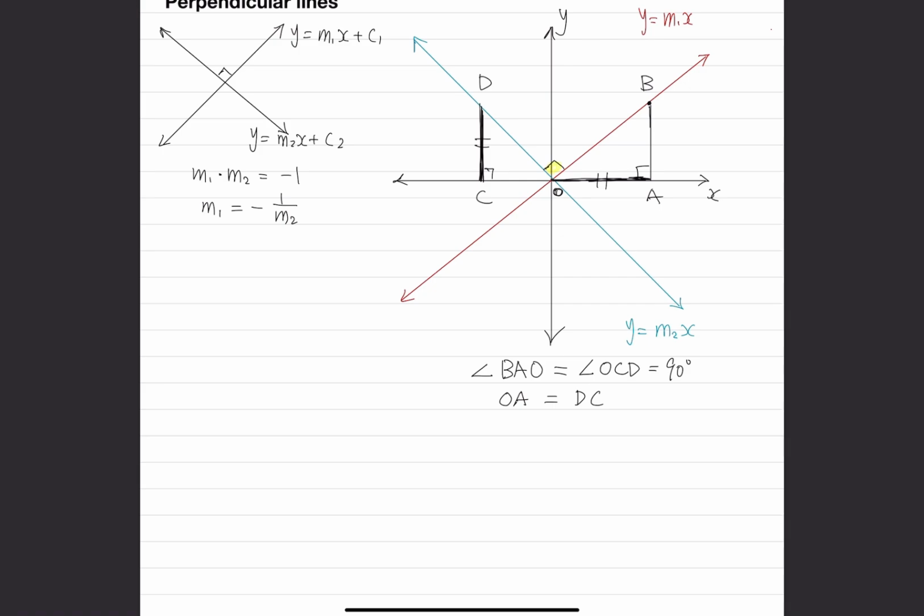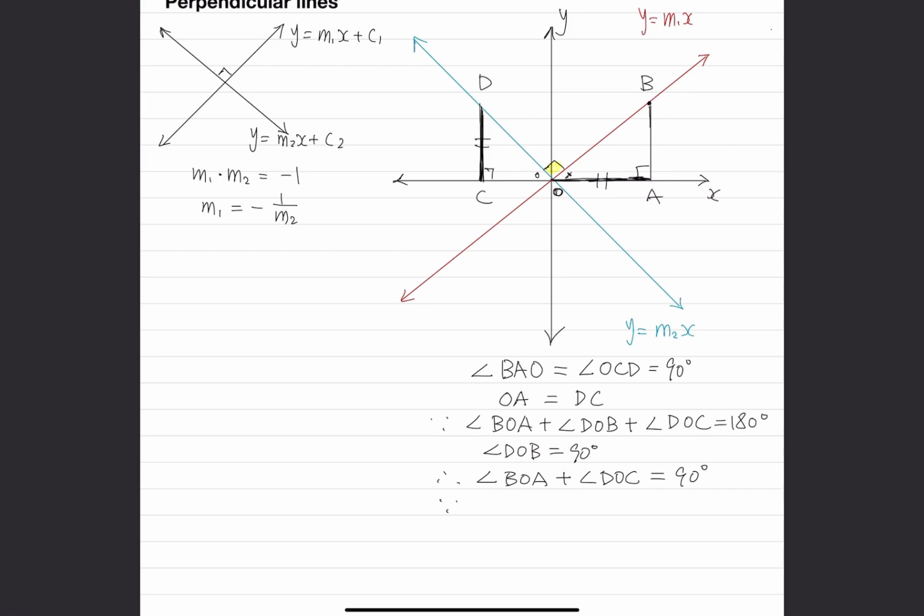So what we can do is say, because angle BOA plus angle DOB, which is 90 degrees, plus angle DOC altogether equal 180 degrees, and also angle DOB is equal to 90 degrees, therefore angle BOA, which is this one here, plus angle DOC, which is this one here, should add up to 90 degrees. So they are complementary.